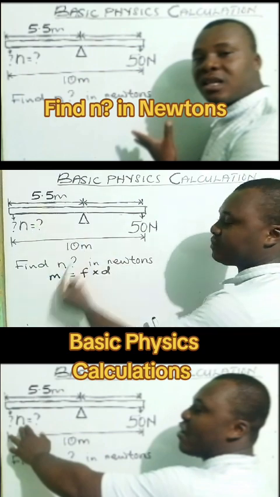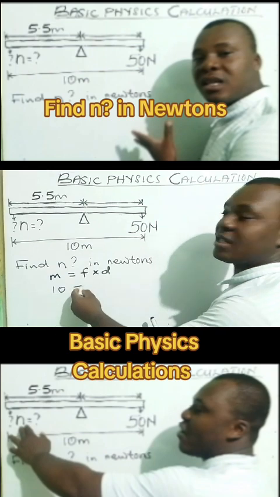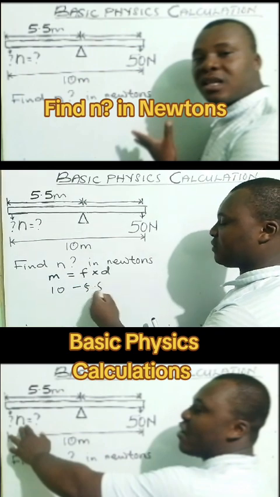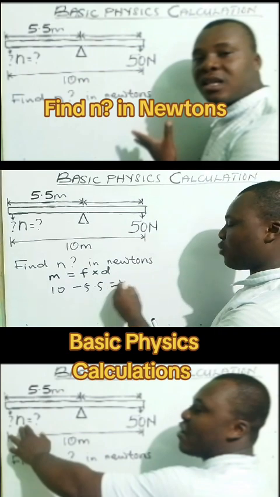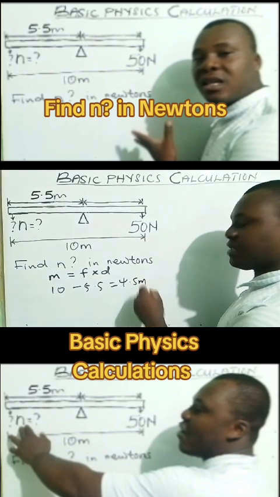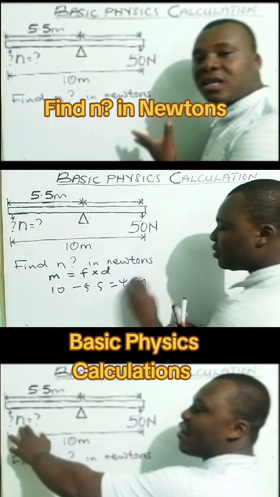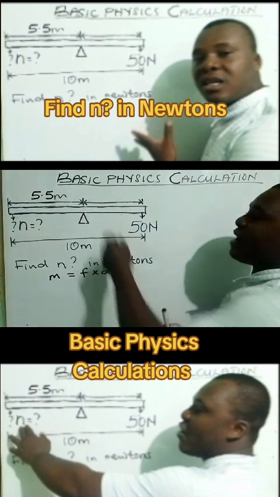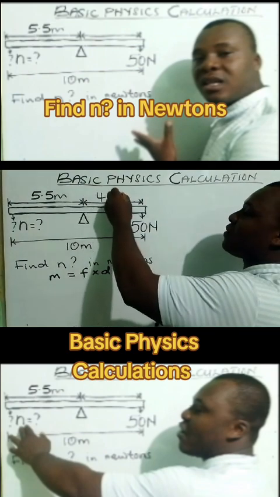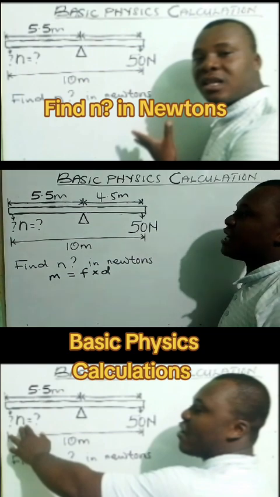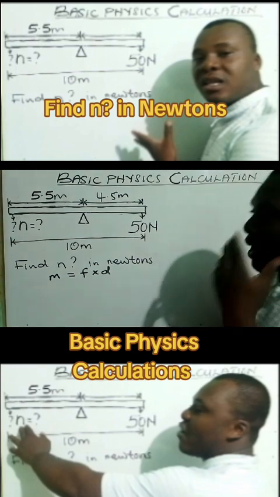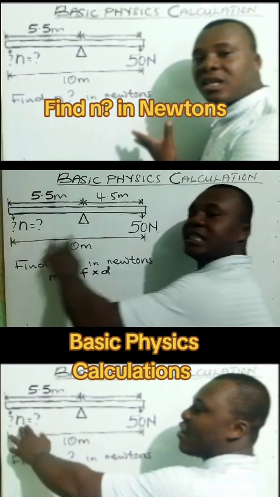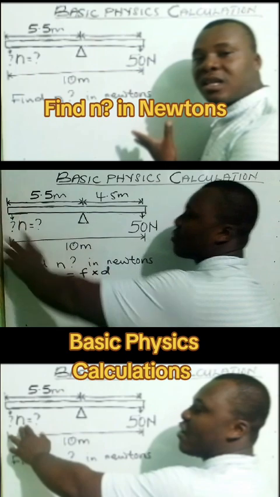So 10 minus 5.5 will give us what? 4.5 meters. So what it means is that here will be 4.5 meters.